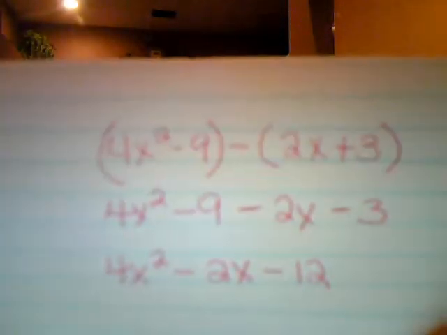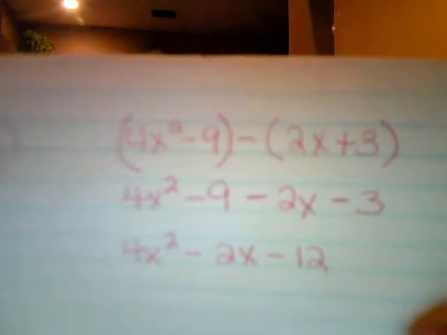Now it tells you, and this would be part of your answer, when it asks you to combine the two functions, that's your combined total function. Then it asks you to find the value of the function given that 4 is the input value.